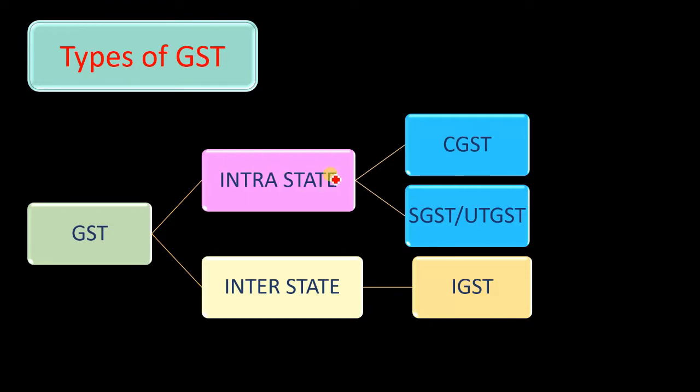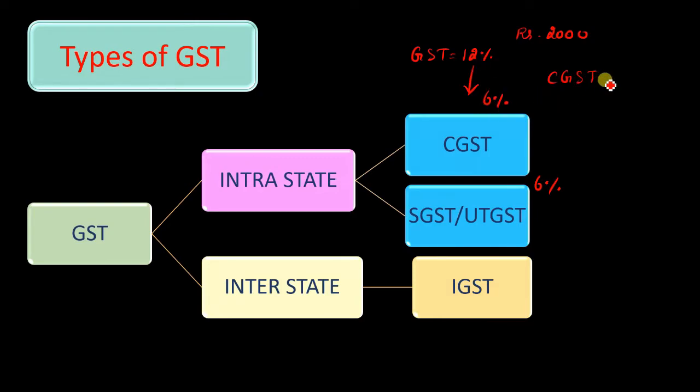In case of intrastate, suppose you are purchasing a good worth rupees 2000 and the rate of tax is 12%. If the purchase is intrastate, half of this, that is 6%, will be calculated as CGST and the remaining half, another 6%, will be calculated as SGST.